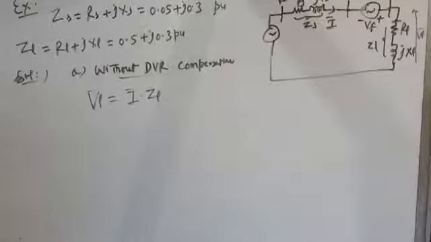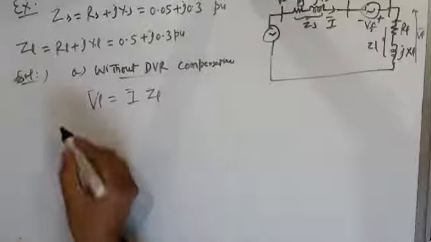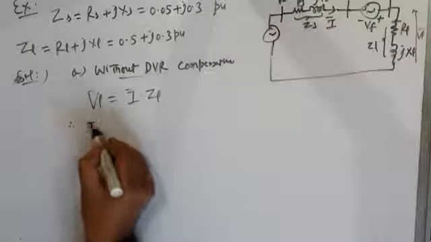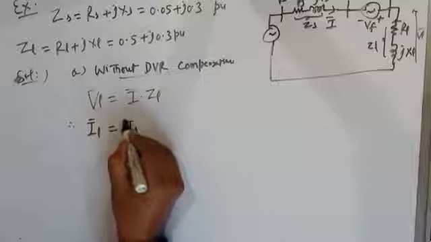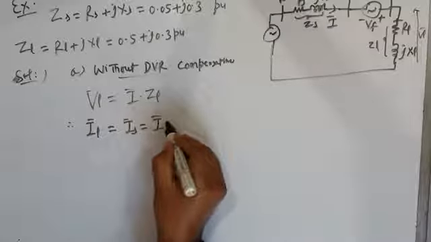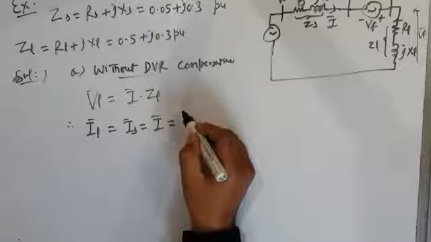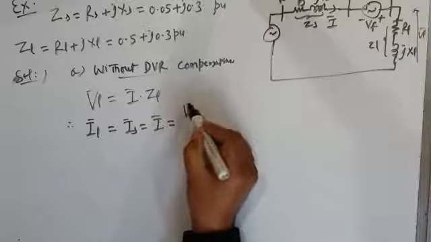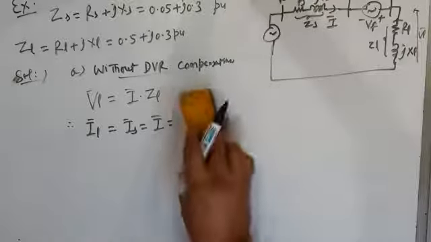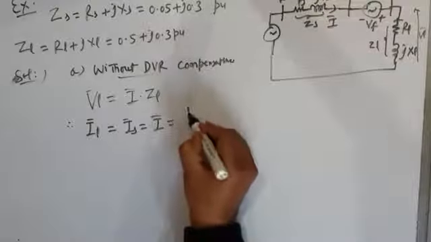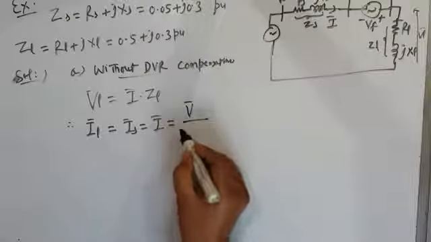तो सबसे पहले आपको load current निकालनी है. So therefore load current is same as source current, and let us denote it by I. And what is that equal to? That is equal to source voltage Vs divided by total impedance.